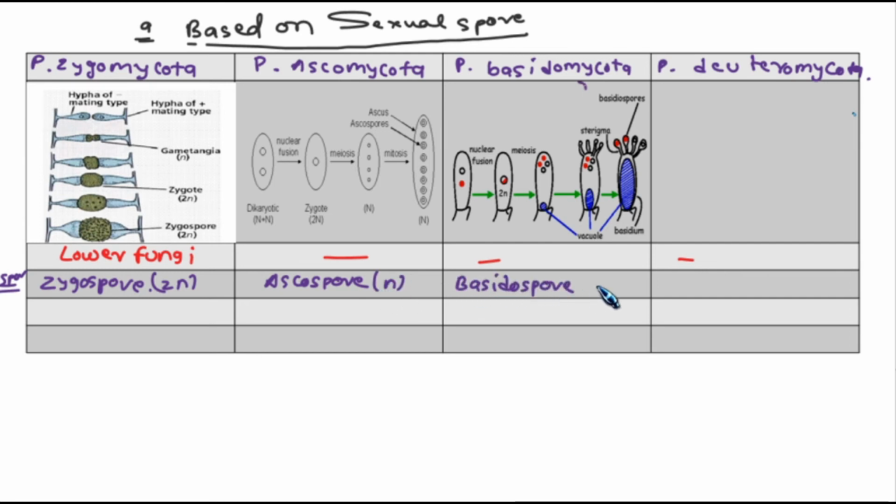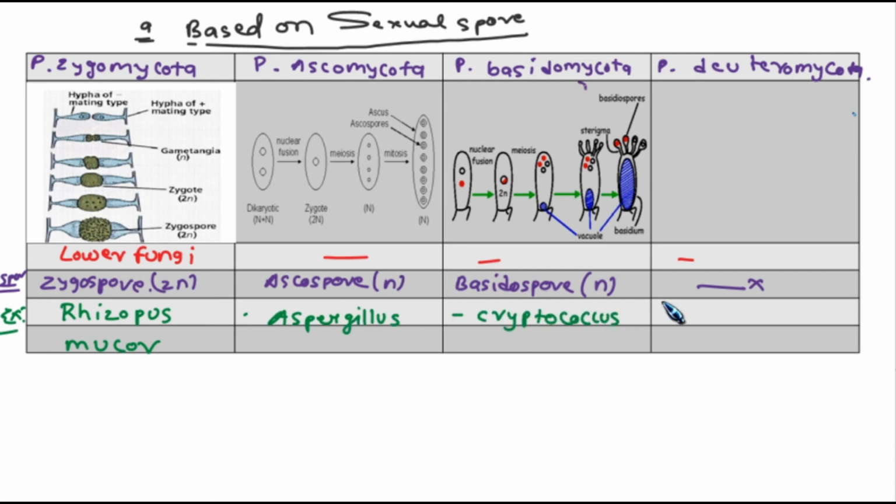Keep in mind that zygospores are 2n and the rest are n, haploid. The examples are Rhizopus for Zygomycota, Aspergillus for Ascomycota, and Cryptococcus for Basidiomycota, and Deuteromycota we will discuss later.